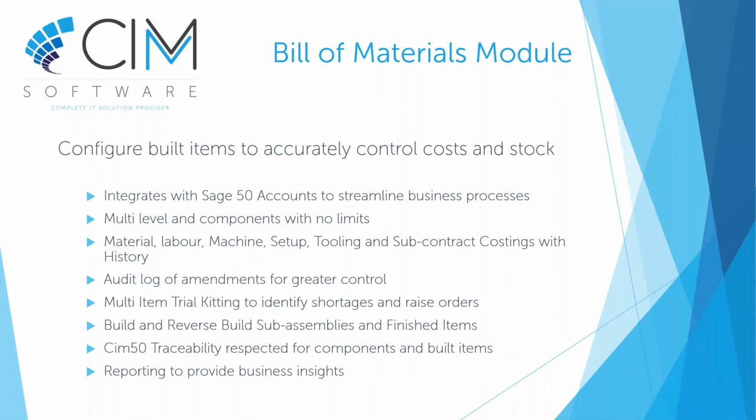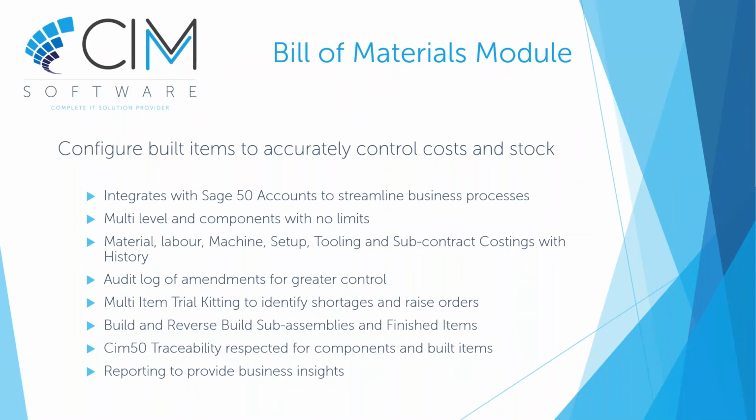The Cim50 bill of materials module is there to help you control the cost and stock of your built items, integrated with Sage 50 accounts. Our bills of materials are multi-level and have as many components as you like, so they can be as wide and as deep as you want. All material, labour, machine, setup, tooling and subcontract costings can be recorded against a bill of material.